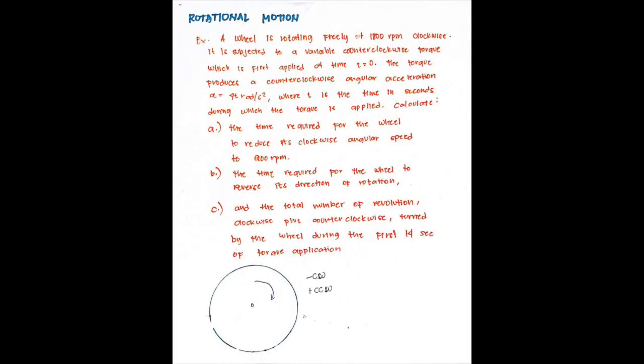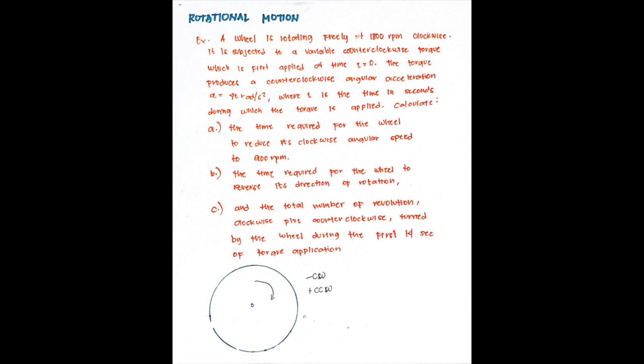For example number 1, we have a wheel rotating freely at 1,800 RPM clockwise. It is subjected to a variable counterclockwise torque, first applied at time t equals 0. The torque produces a counterclockwise angular acceleration alpha equals 40t rad per second squared, where t is the time in seconds during which the torque is applied.